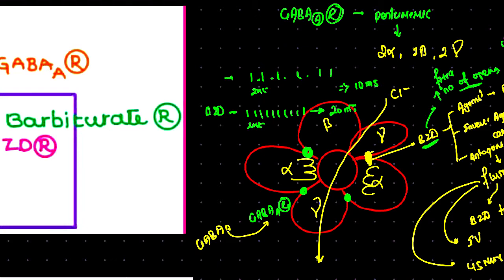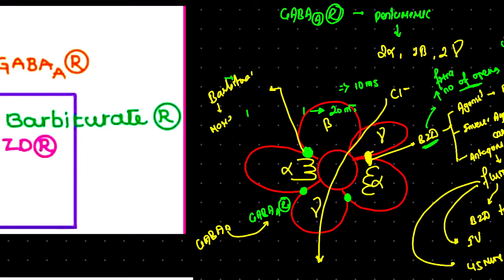But these barbiturates, which are binding right here, will open this chloride channel for more duration. Benzodiazepines were increasing the number of times, but here the duration is more.